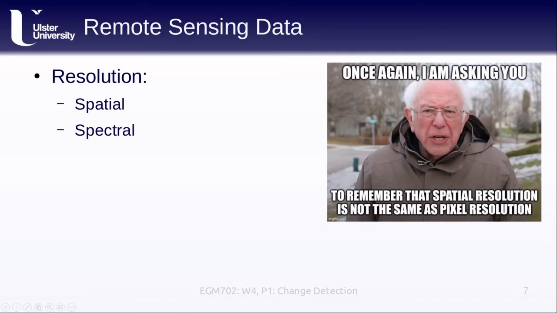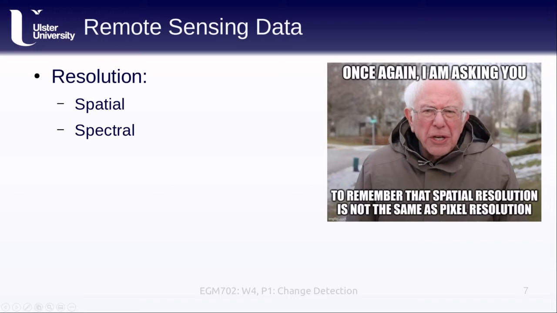We also need to think about the spectral resolution. So remember that changes in objects, for example, thinking about deforestation. When we have deforestation, we're seeing a change from forest cover to something that isn't forest cover. And that change might be more obvious in certain spectral bands than in other spectral bands.